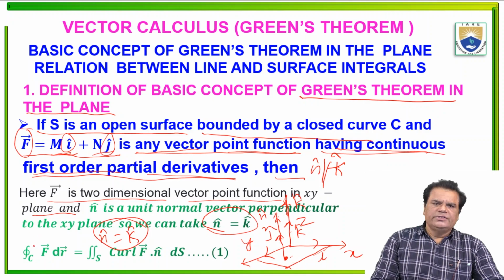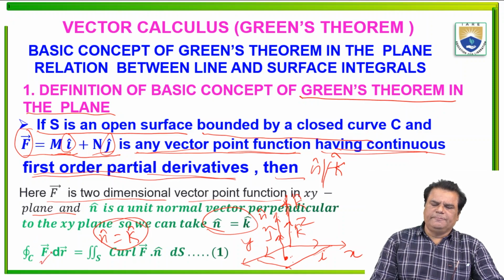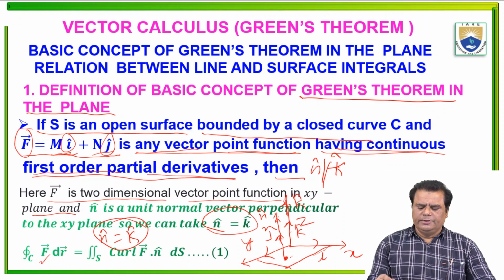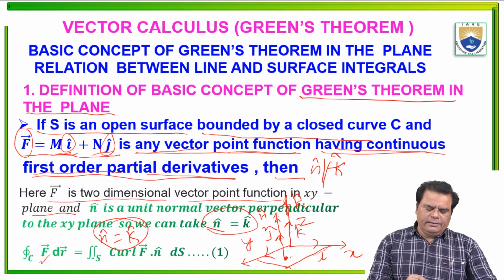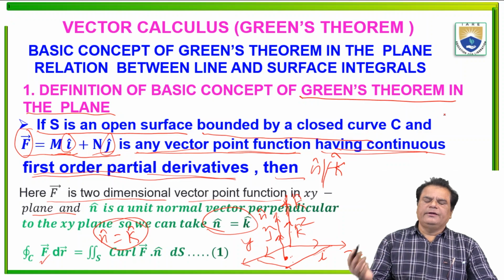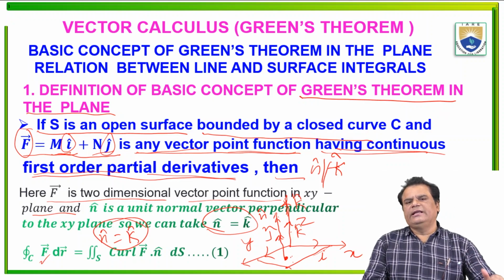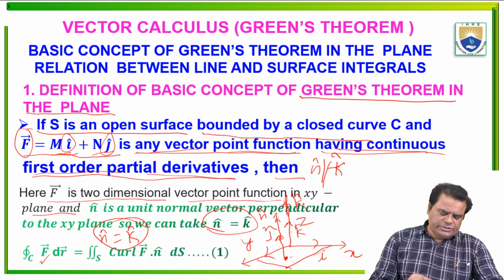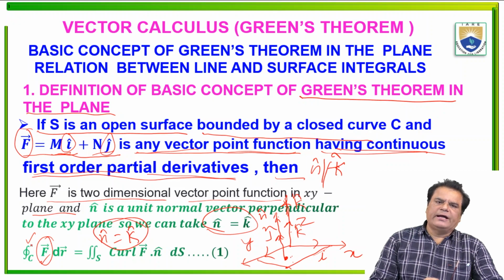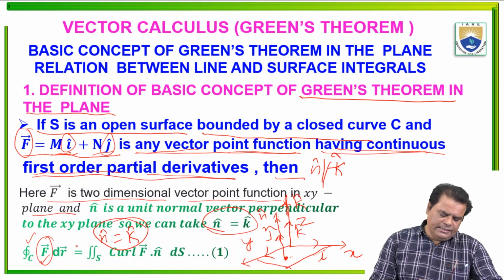So now here, this is a line integral, a single integral under curve C, any closed curve. If we integrate along any curve, that is known as a line integral. So this is the integral under curve C of F, the two-dimensional vector point function, dot dr vector.